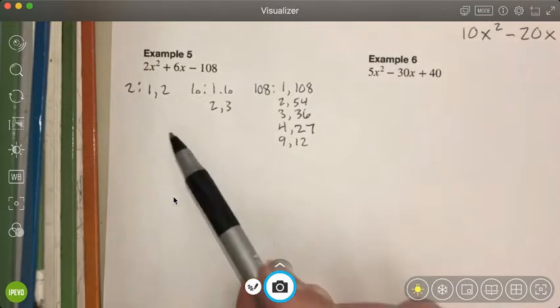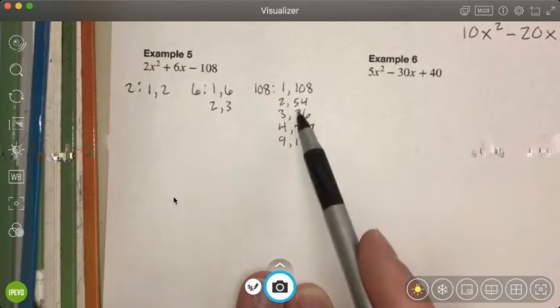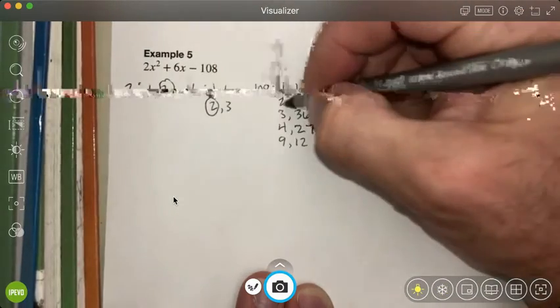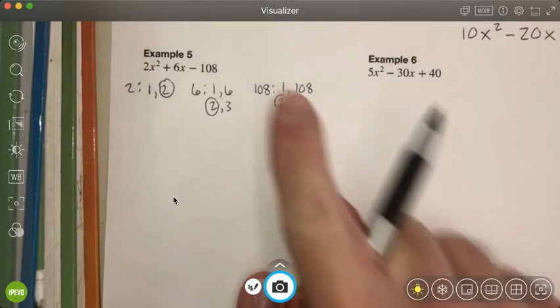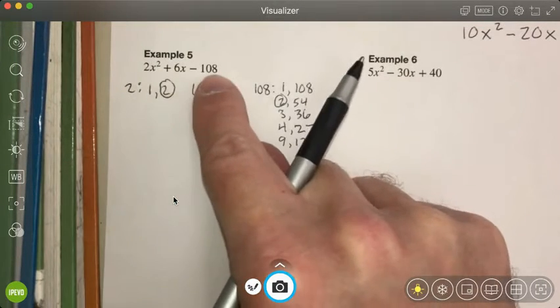If we look through all the factors, the biggest factor shared here is 2. I see a 2, I see a 2. So there's our greatest common factor, a 2. I'm going to factor out a 2 from all of these terms.